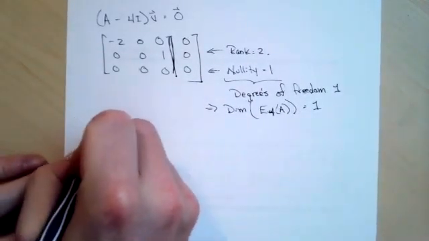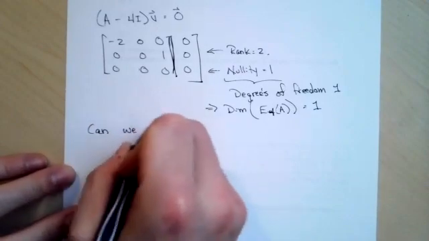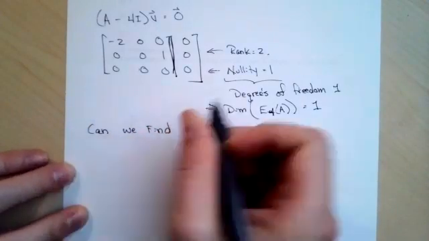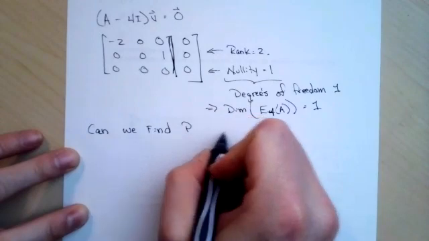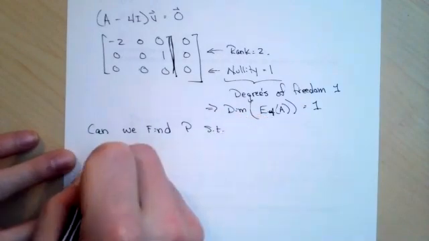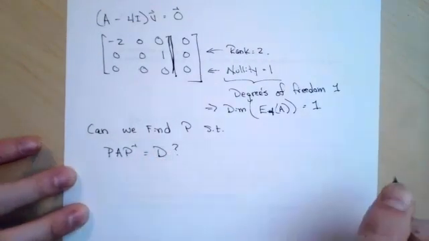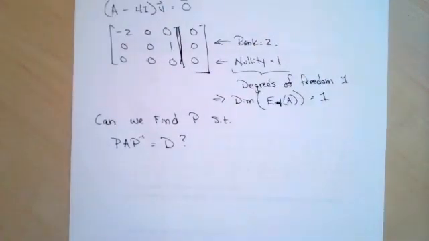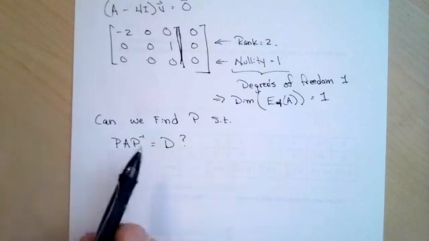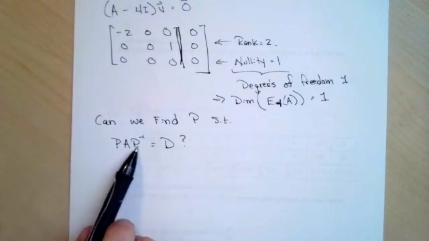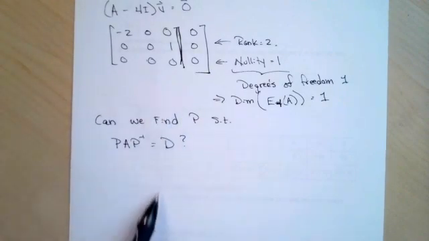So if we think about this question in terms of, can we find this P such that PAP inverse is diagonal? Well, by our previous theorem, what did we need? If we can find it, then that matrix we find has columns of eigenvectors. So it's an if and only if statement.